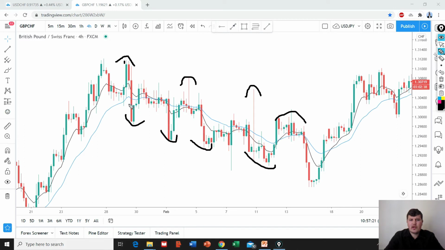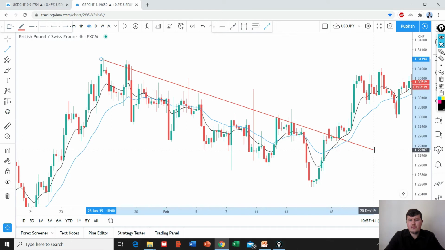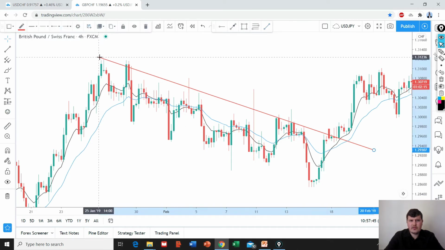So price is moving lower, as well as by looking at the moving averages. You can see it is a clear downward move, and we start by drawing the downward trend line by connecting at least two of these peaks in this movement, like I'm doing over here.